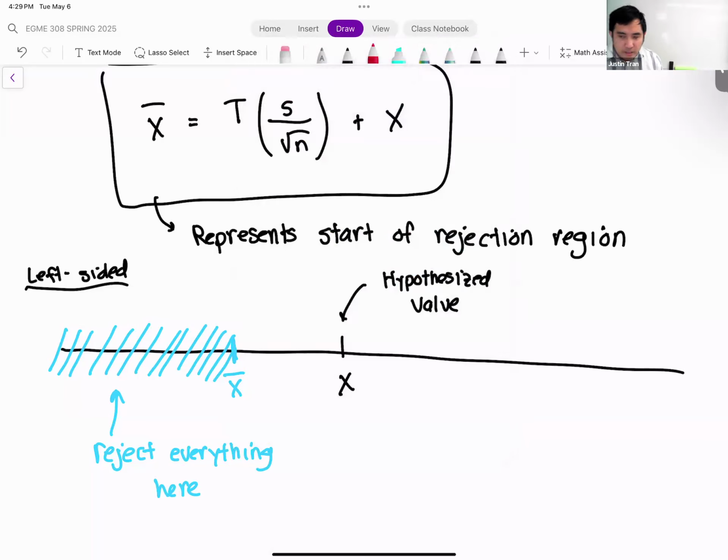So let's say we run our experiments, we collect our measurements, and we obtain our actual mean. Let's say that our mean is right here. This x hat is the actual mean from our experimental measurements.